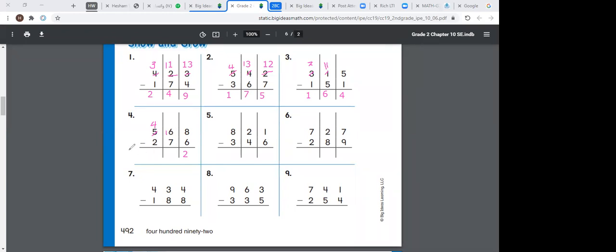Close your fingers and count after 7, 8, 9. Stop. No. When you say 16, stop. Count after 7, 8, 9, 10, 11, 12, 13, 14, 15, 16.